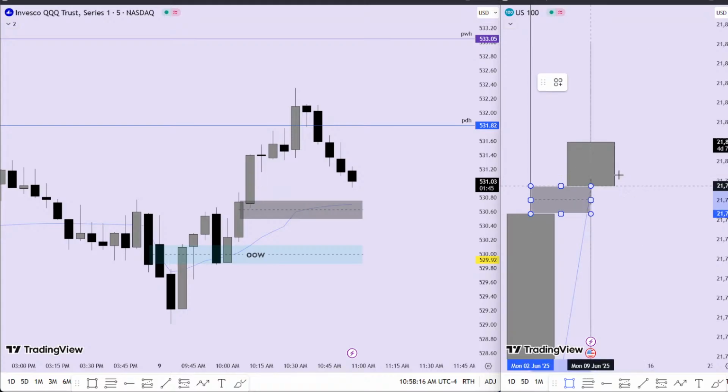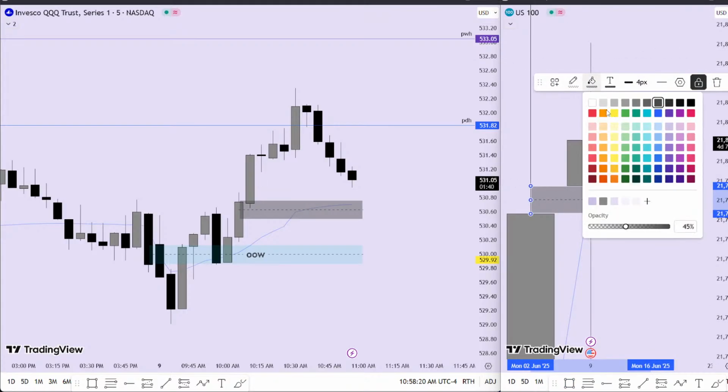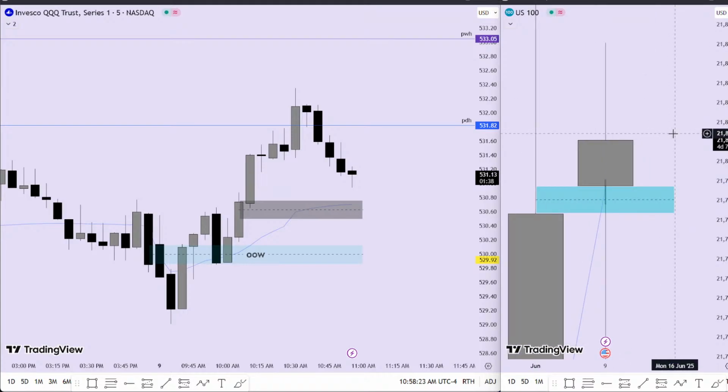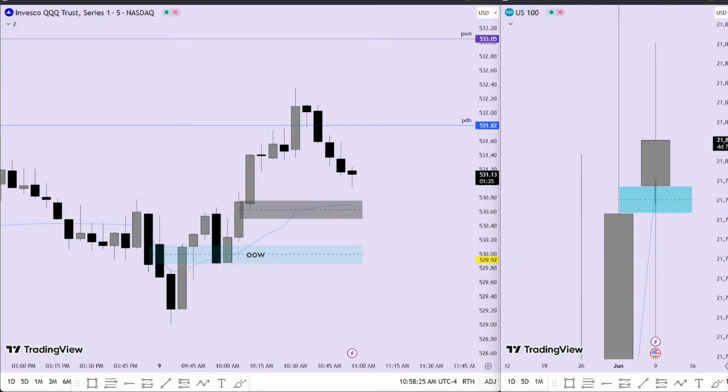Let's just draw the gap. Okay. You can extend it to the next week. The gaps are always drawn with this color.